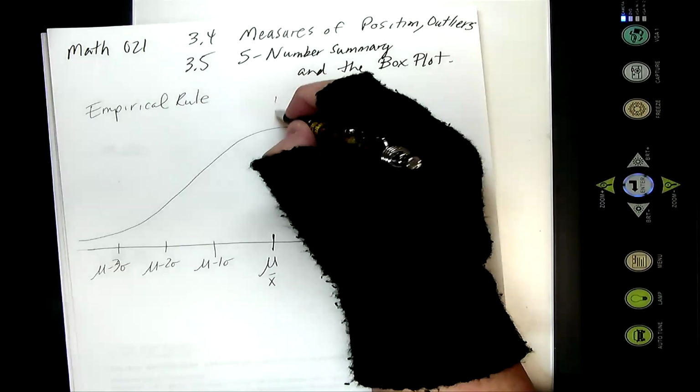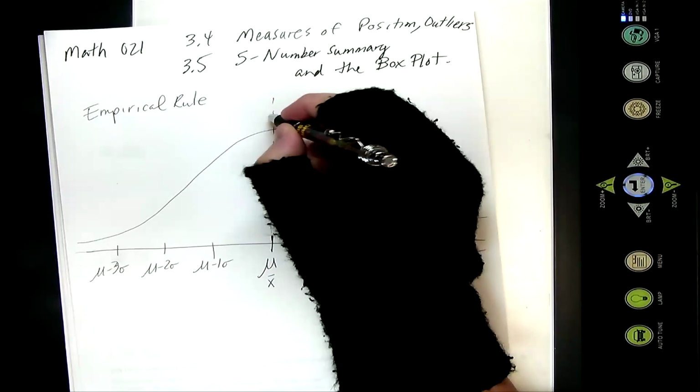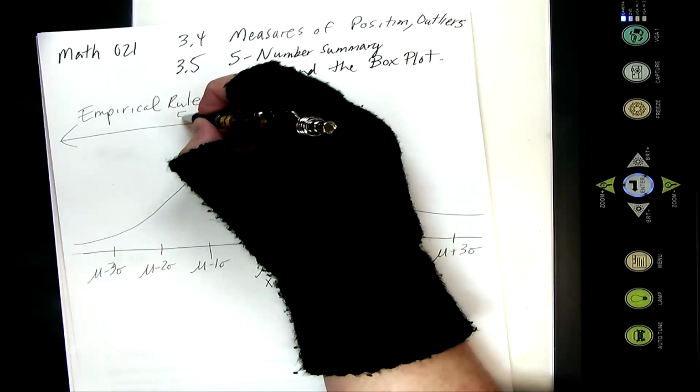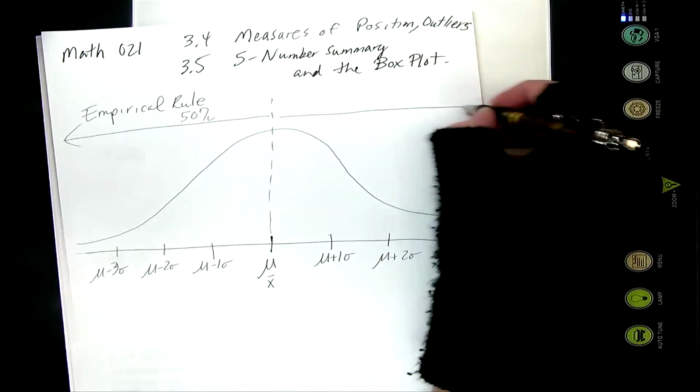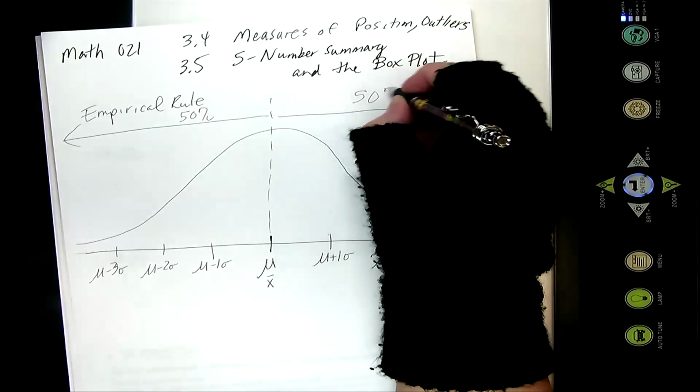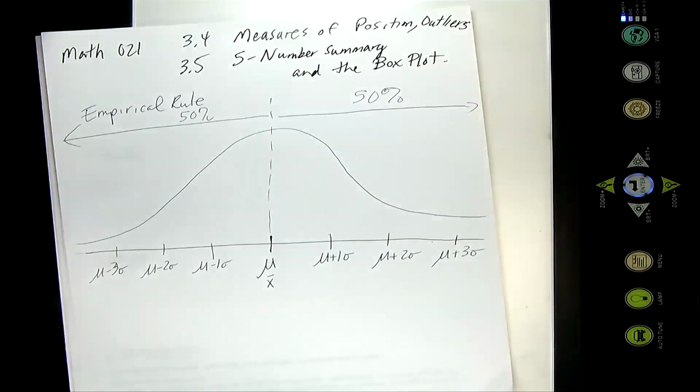So the fun fact about this symmetrical distribution: 50% is to the left, 50% is to the right, and so it does stuff equally in each direction.